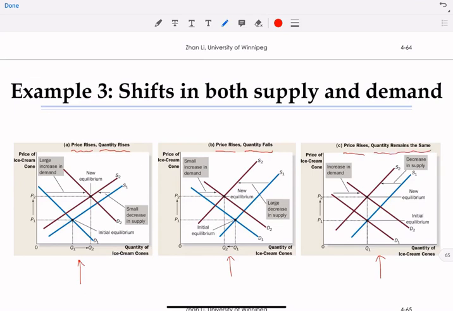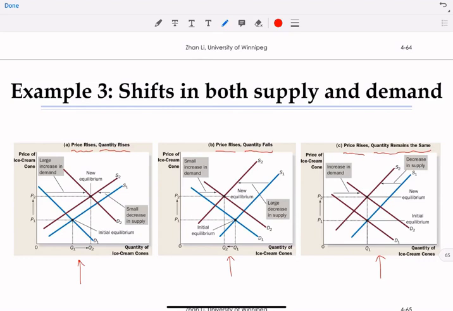So basically, this tells you that when you're analyzing how market equilibrium and the market price change, if both demand and supply change, you have to be careful because it's possible that only one thing is certain, but the other thing would be uncertain.